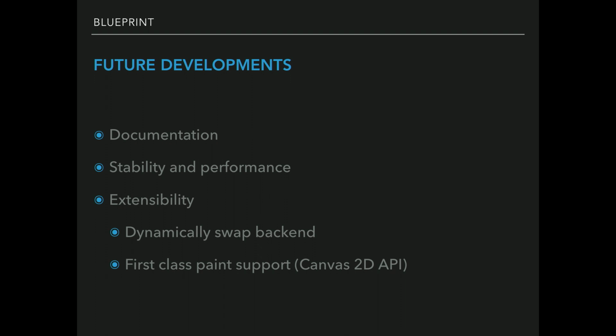And similarly, if I'm on Android, I can render that way. If I want native desktop widgets, I can render that way. And especially wherever JUCE makes affordances for these things, it will be super easy for Blueprint to take advantage of it. And then the next thing I really want to do is first-class paint support. So basically, I want to polyfill the JavaScript Canvas API for drawing from the React layer.